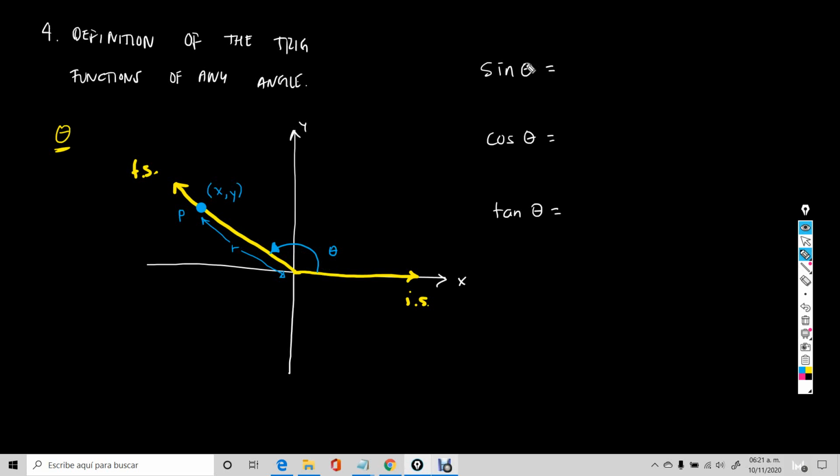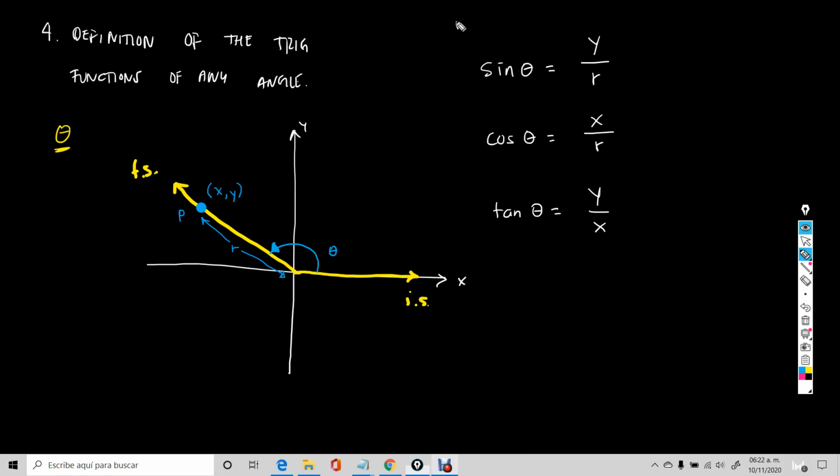The definition is this. The sine of theta will be equal to the y coordinate of P over its distance from the origin, r. The cosine of theta will be the x coordinate of P over r, and the tangent of theta will be y over x.